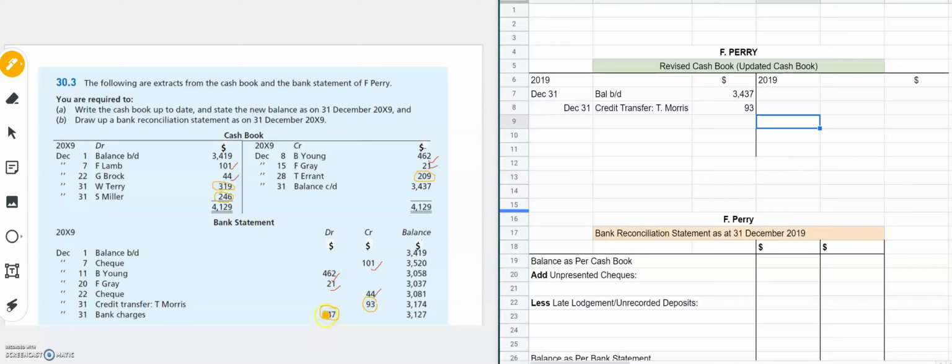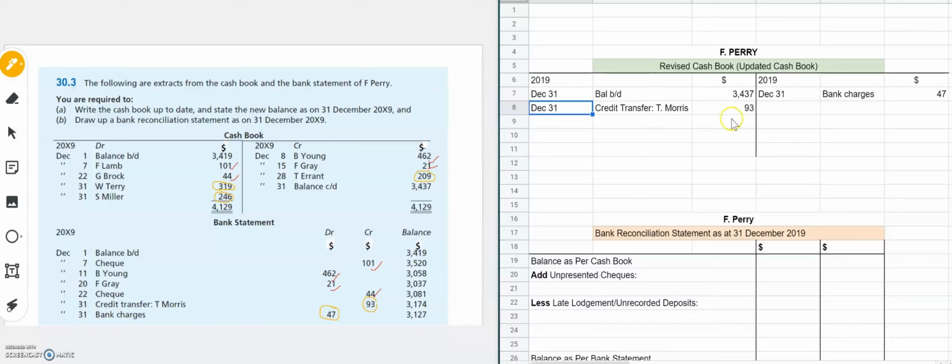Because it is found in the debit column, I'm going to enter it in the updated cash book on the credit side. $47. Now we have entered all of the information that was in the bank statement that we did not find in our original cash book.